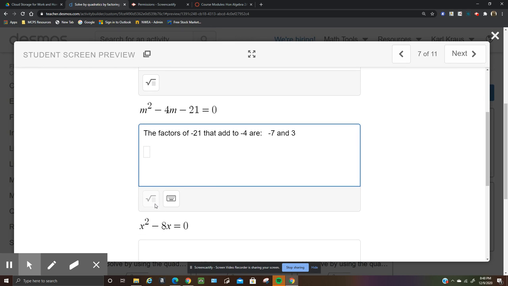So the factorization becomes (m minus 7)(m plus 3) equals 0.